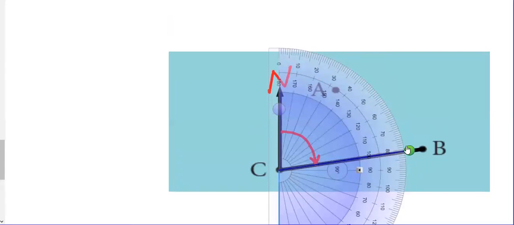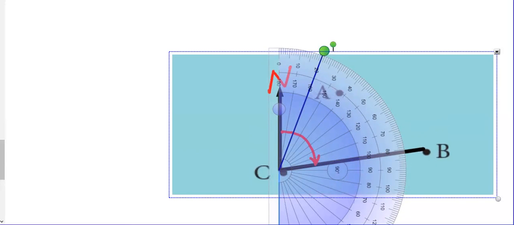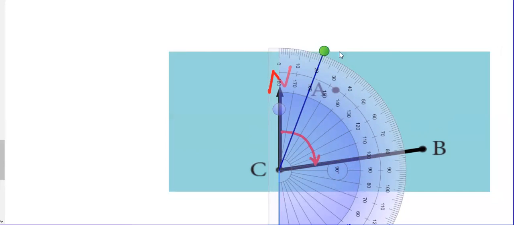So we are going to read the numbers 0, 10, 20, 30, 40, 50, 60, 70, until the line itself. Can you see that line?